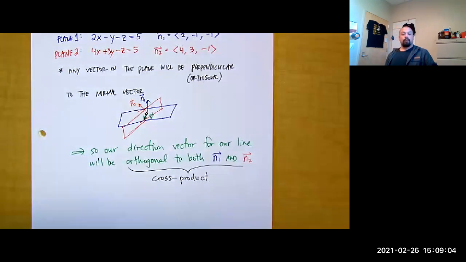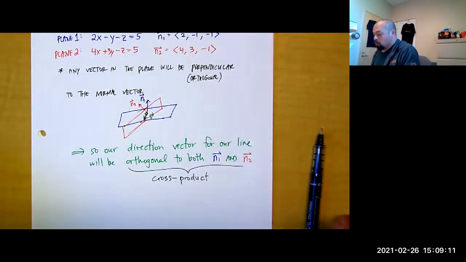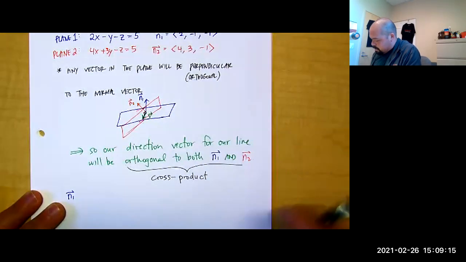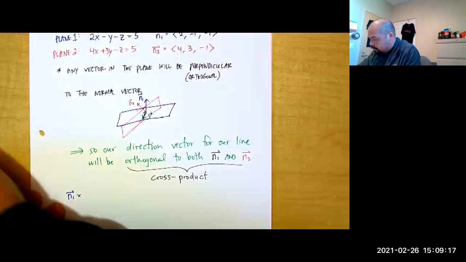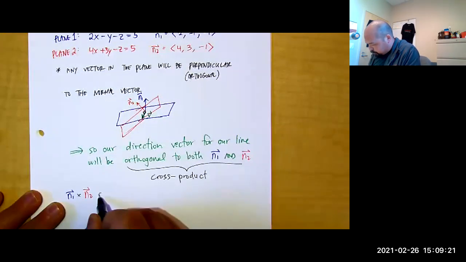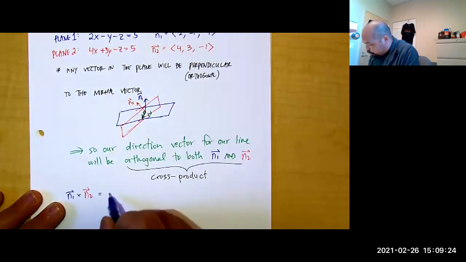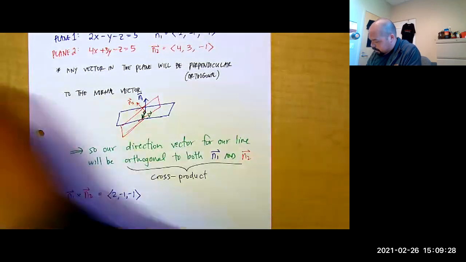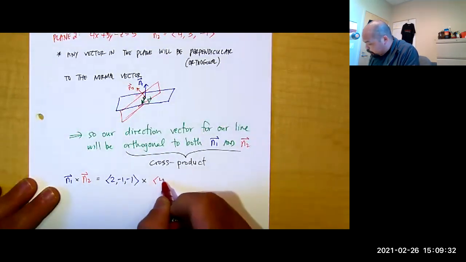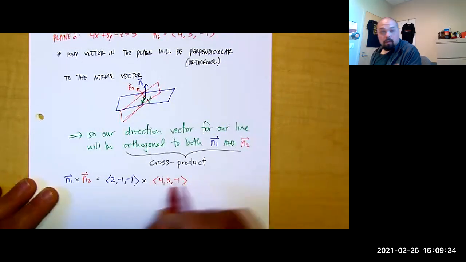right? So incorporating the tools that we've learned in this chapter, when we look at the cross product between our two normal vectors, right? Normal vector 1 is 2, -1, -1. Cross that with normal vector 2, 4, 3, -1.